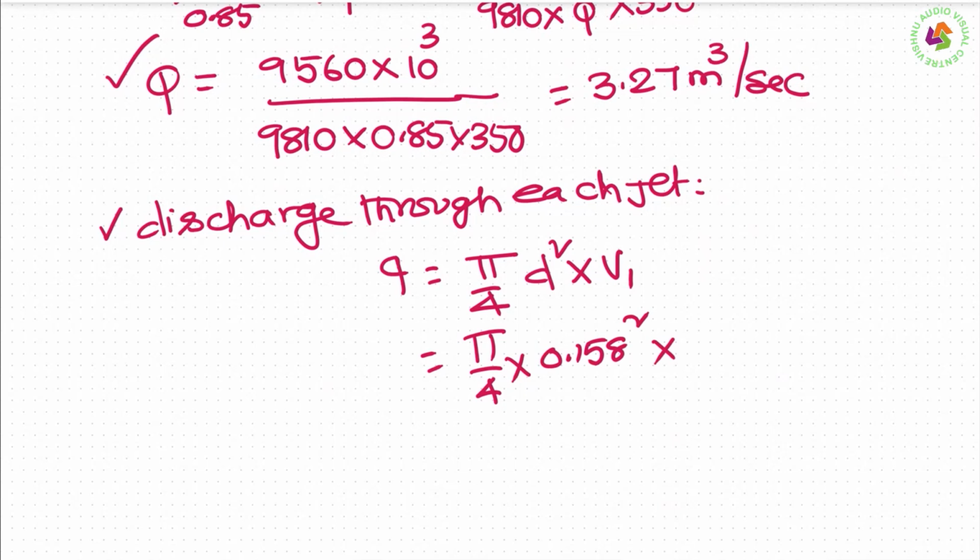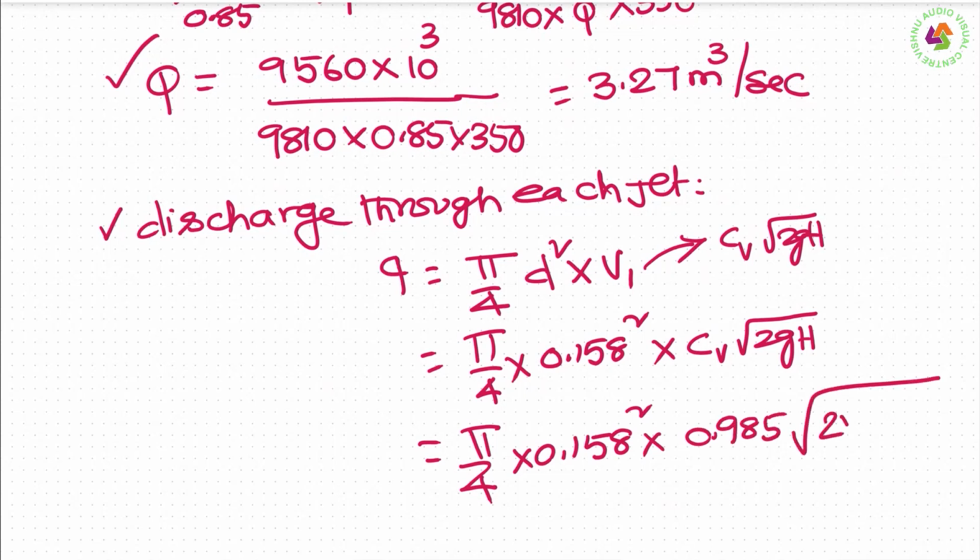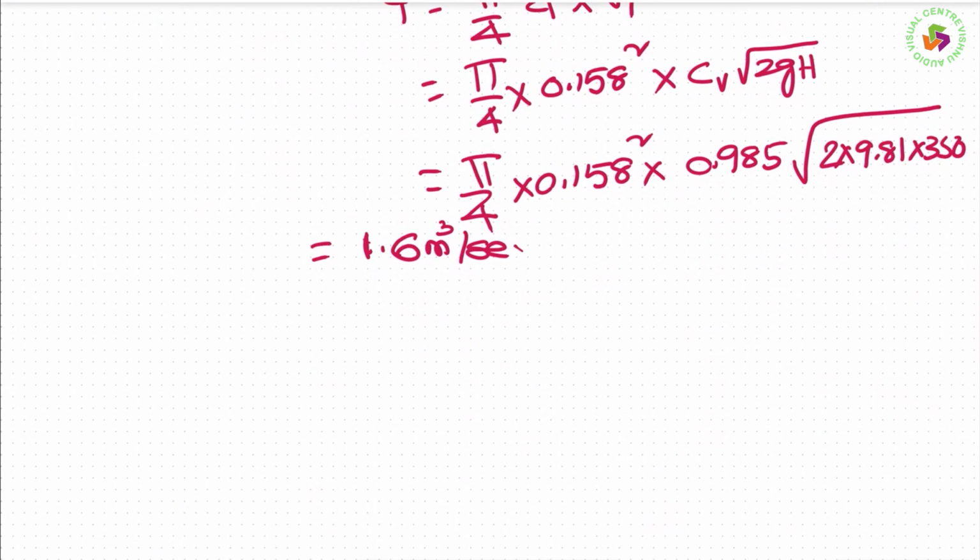V1 is equal to CV into root 2gH. So pi by 4 into 0.158 square into 0.985 into root of 2 into 9.81 into 350. If you calculate all this, you are going to get small q equal to 1.6 meter cube per second.